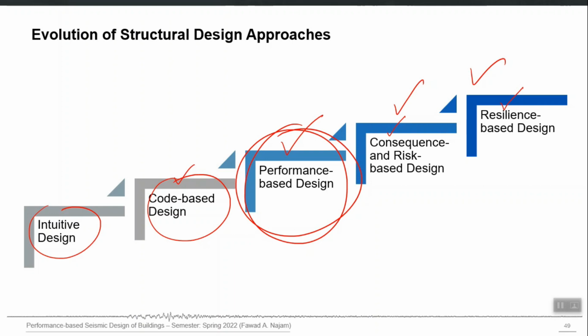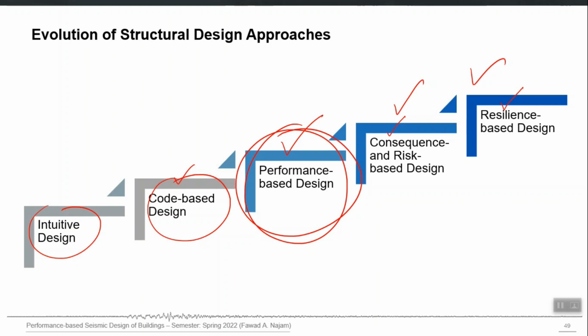In displacement based design, you start with a design displacement. You do not start with a design force calculation, but you start with a design displacement, that this much displacement is allowed in my structure, and you convert that allowable displacement back into allowable force, right, and then check whether the structure can sustain that displacement or not.